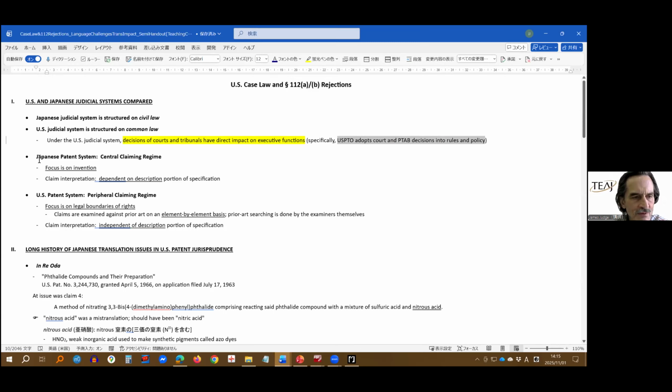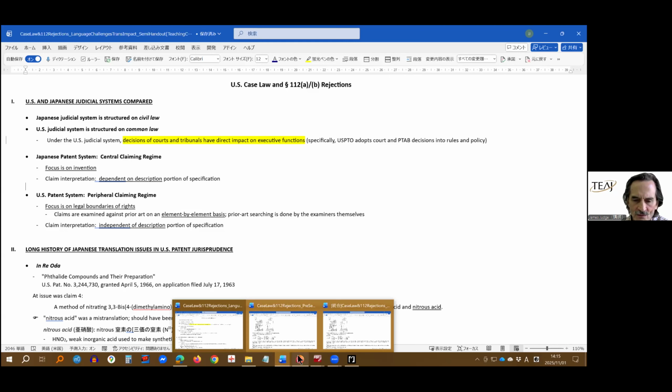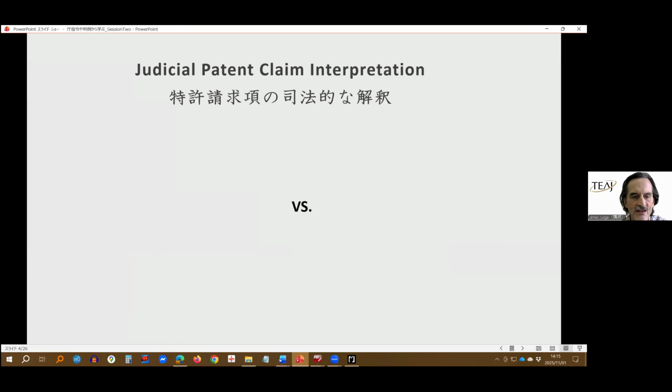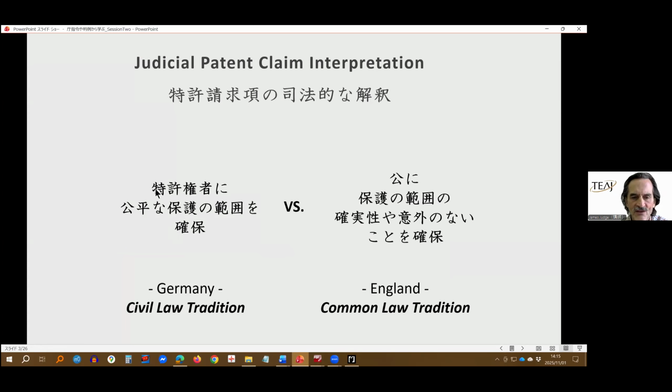I won't belabor this. I've made this point elsewhere, but I just touched on this in the previous PowerPoint slide, where I pointed out that whereas in a civil law tradition, the emphasis is on fairness to the public, in a common law system, the emphasis is on clarity of patent rights guaranteed to the individual patent owner.